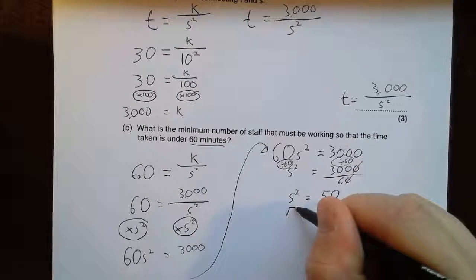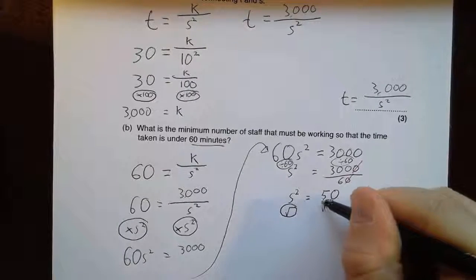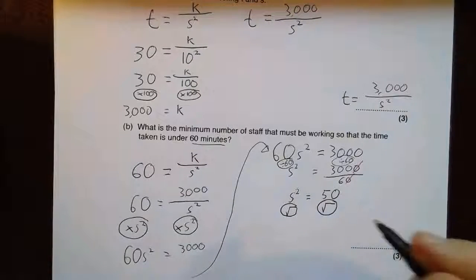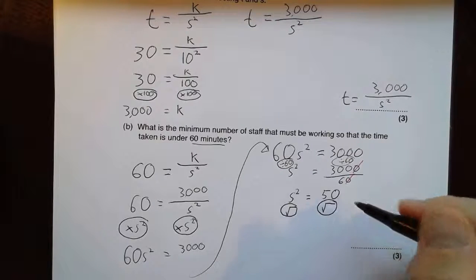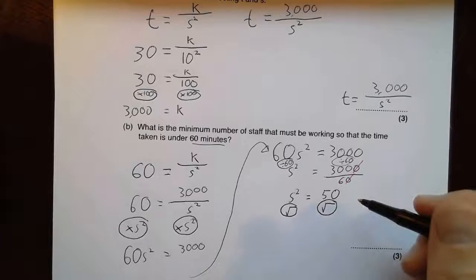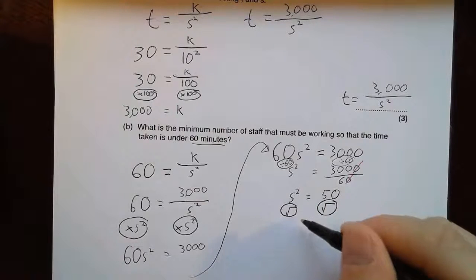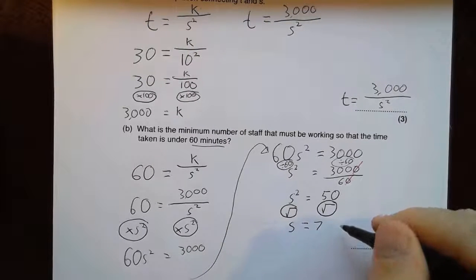If I take the square root, you're not expected to know the square root of 50 precisely, but you are expected to know that it's just going to be a bit more than 7, because the square root of 49 is 7. So it's going to be 7 and a bit. So S equals 7 and a very small amount.